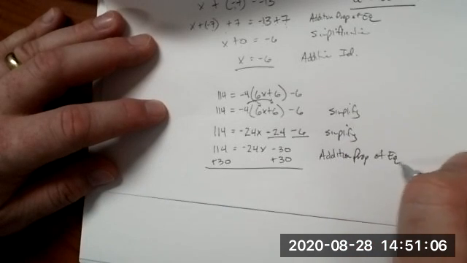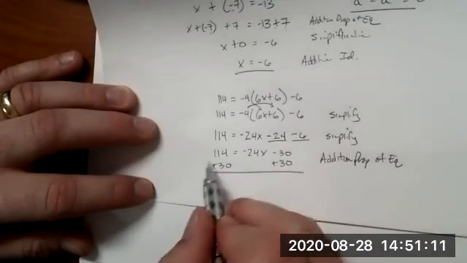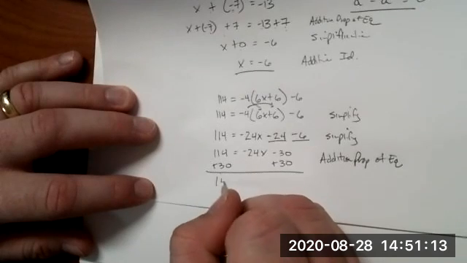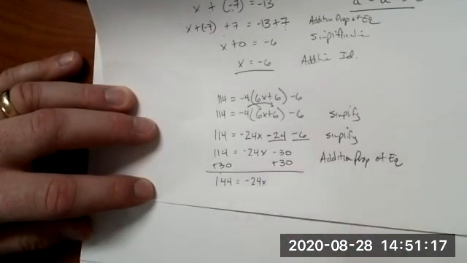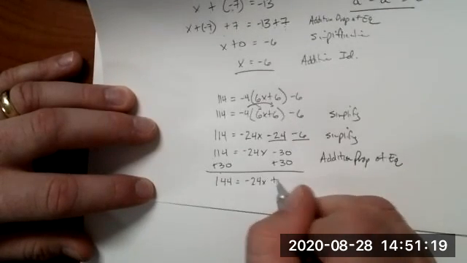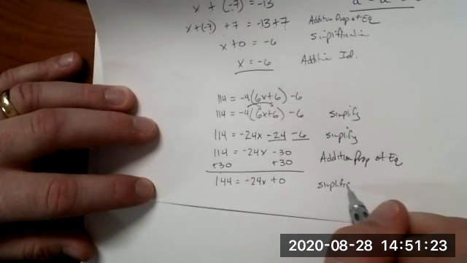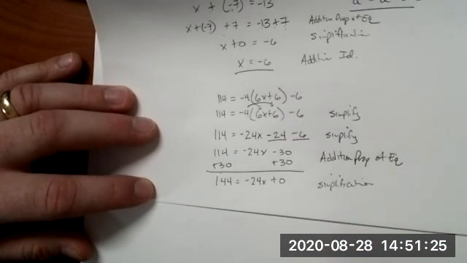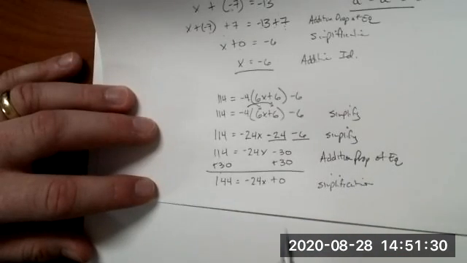And the reason I'm allowed to do that is the addition property of equality. So 114 plus 30 is 144 equals negative 24x plus 0. This is simplification, guys. All I did was add 114 plus 30 and negative 30 plus 30.